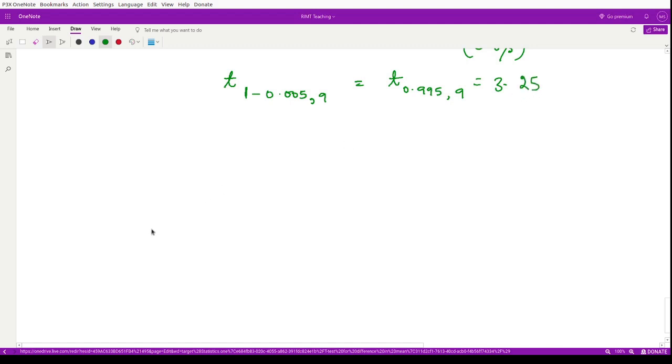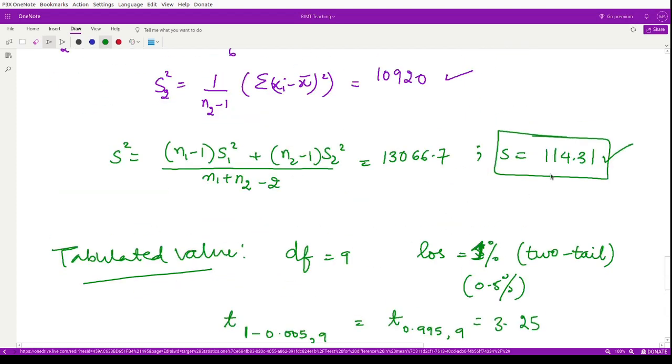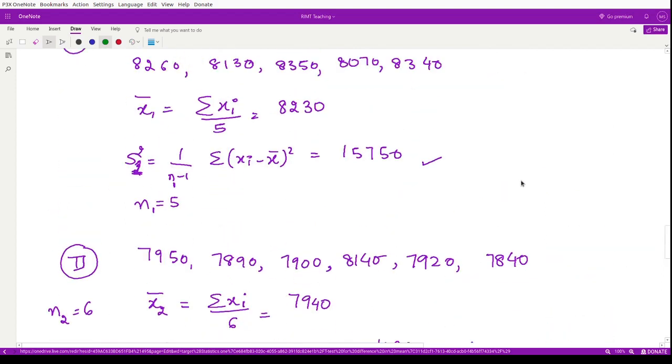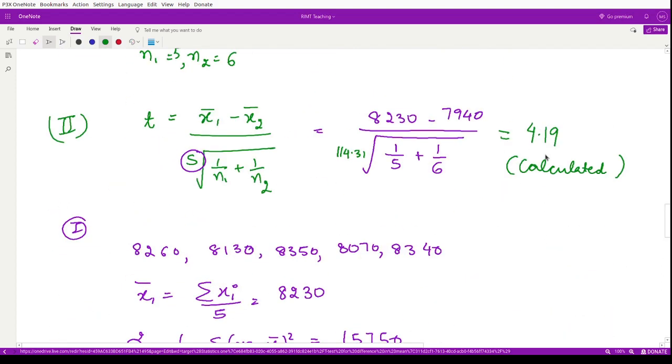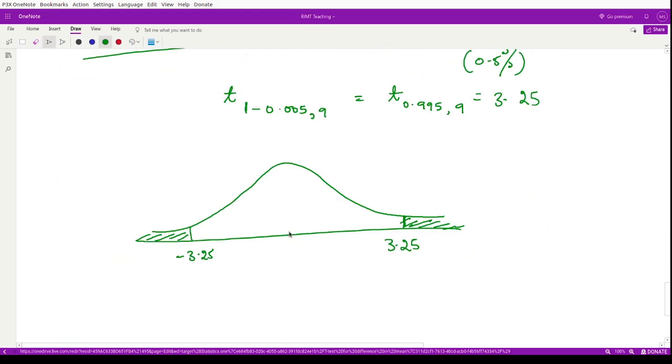So your critical region would look something like this. This value would be plus 3.25, this value would be minus 3.25. This is your critical region here. According to that, your calculated value is which one? 4.19. So let us compare the values here. 4.19 would lie somewhere here, right?